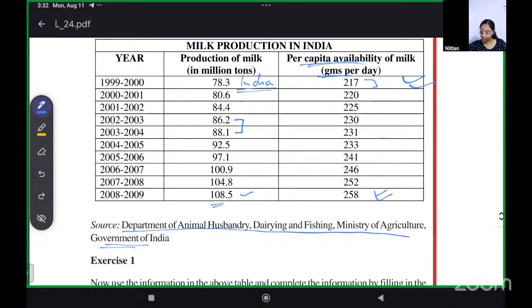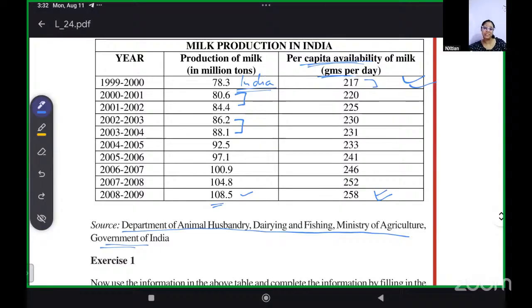But it can also be 2002, because that's 1.8. So 2001-2002 and 2002-2003. Yes, that's what I was thinking. 2001-2002 or 2002-2003 are the places where we can see the least increase in the production.